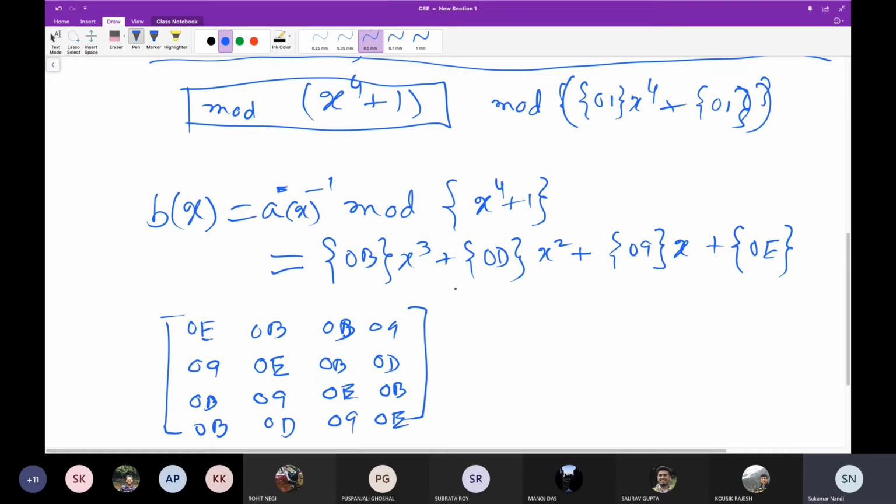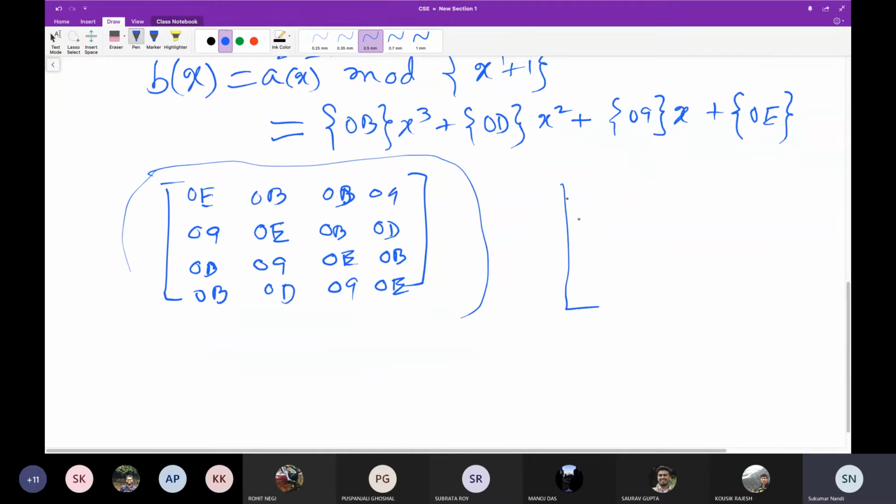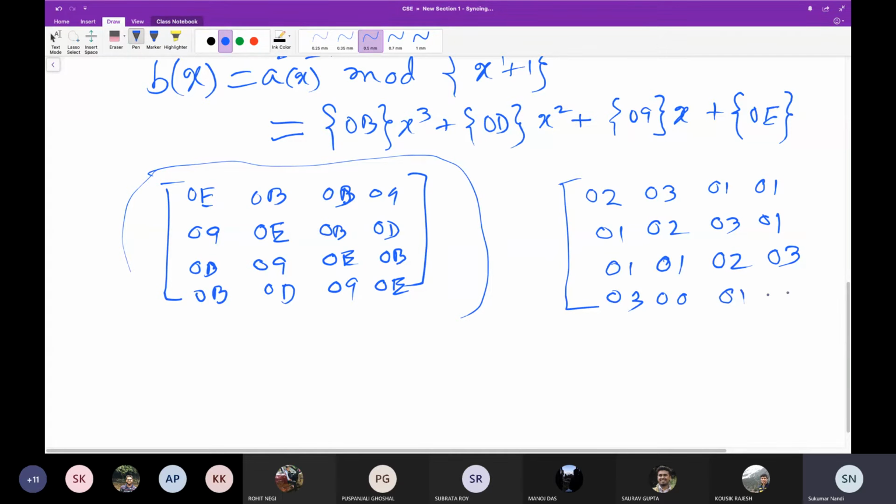This is the inverse of the other matrix, and this matrix is created using this polynomial. Now, this inverse matrix will be used for decryption, whereas encryption uses the matrix 02, 03, 01, 01, 01, 02, 03, 01, 01, 01, 02, 03, 03, 01, 01, 02. This is the matrix for mixed column operations.